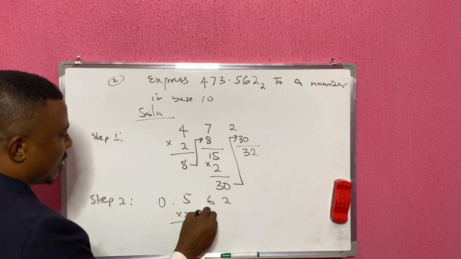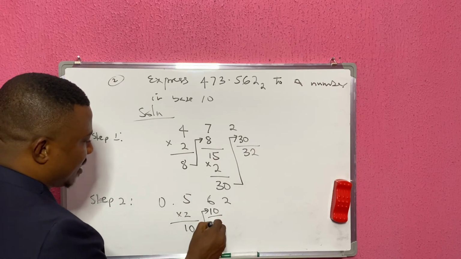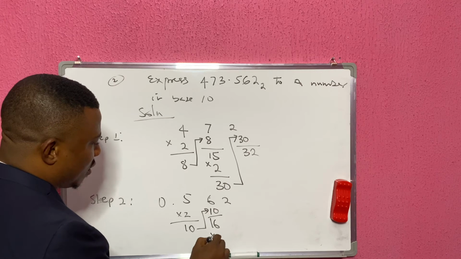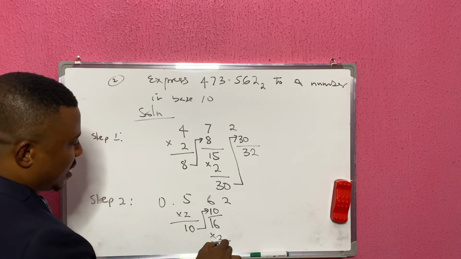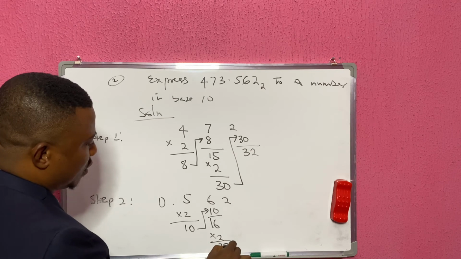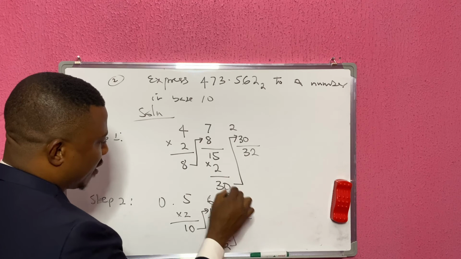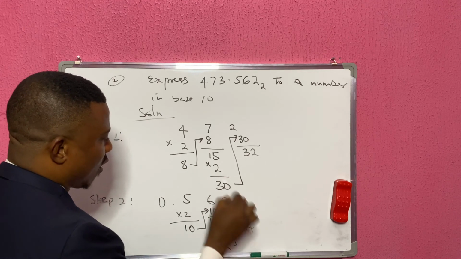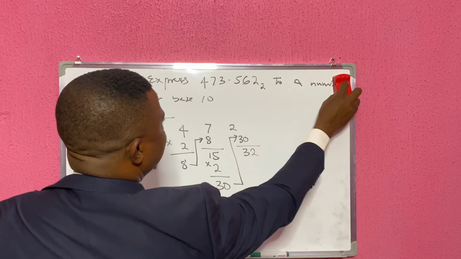Then add up 10 here. 10 plus 6 is 16, times 2 will give us 32. Add up 32 here will give us 34. Very simple.